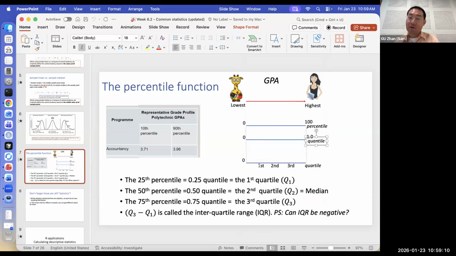The first quartile is equivalent to the 25th percentile or 0.25 quantile. The second quartile, also called the median, is the 50th percentile and 0.5 quantile. And there is a concept called the interquartile range, IQR, which is the Q3 value minus the Q1 value.